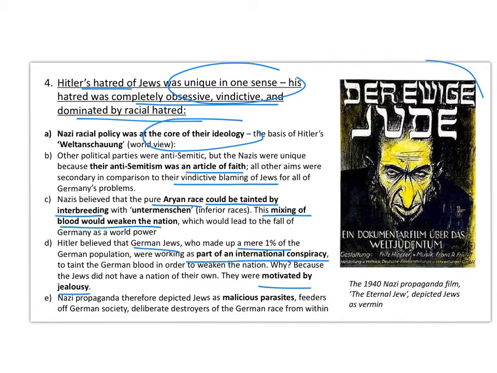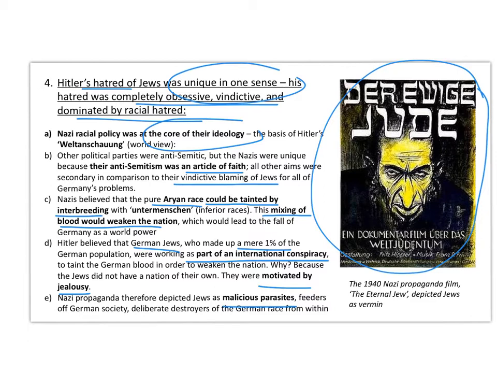So Nazi propaganda depicted Jews as parasites, as vermin that needed to be weeded out in one way or another. Okay, and that's the uniqueness of Nazi hatred.